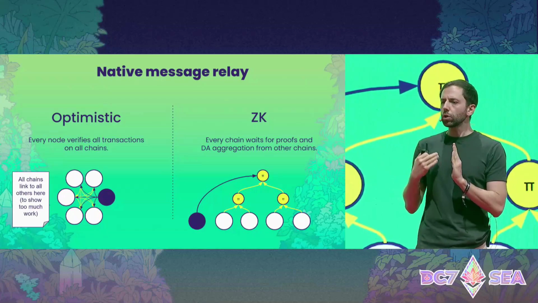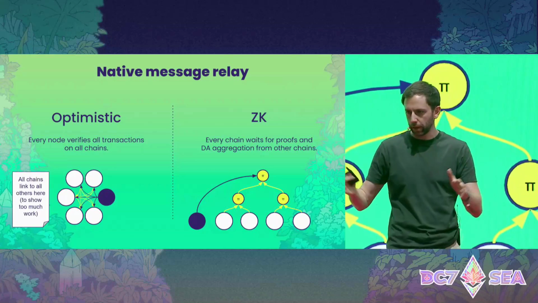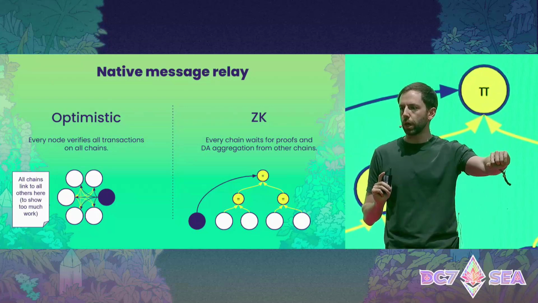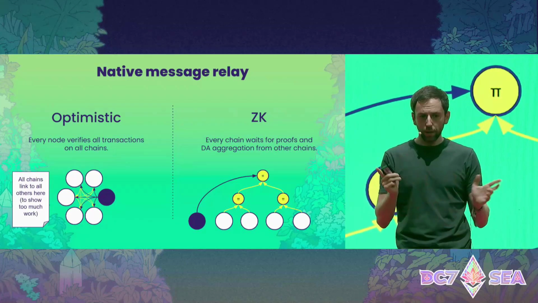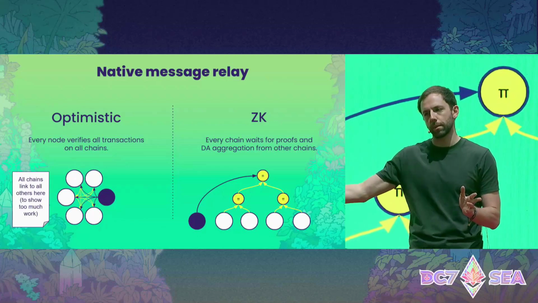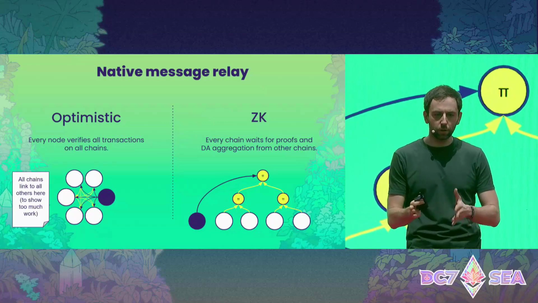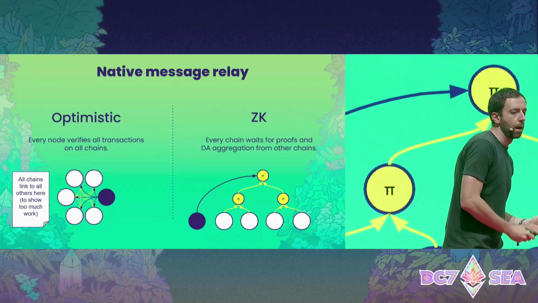Then, in order to trust a message coming from some chain participating in this cluster, all you have to do is check the root hash of the aggregated state. That is enough for you to check that some event happened, fully trustlessly, relying on pure math and not on any game theoretical or cryptoeconomic mechanisms.